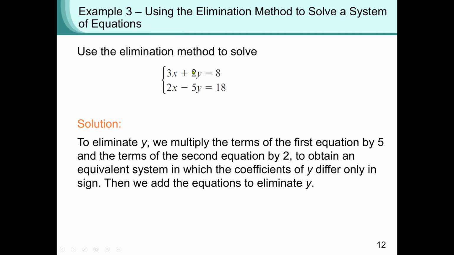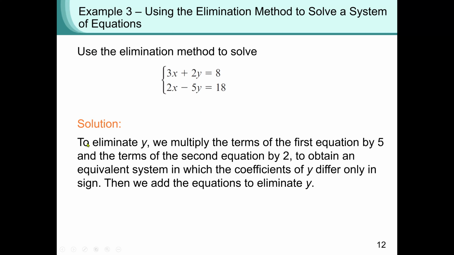Or in this case, we decided, again, it doesn't matter, we can take x out first or we can take y out. Here we decided to eliminate y first. In order to eliminate y, I will multiply the first equation by +5 and the second equation by +2. So I'll get +10y and -10y, and they will cancel each other.